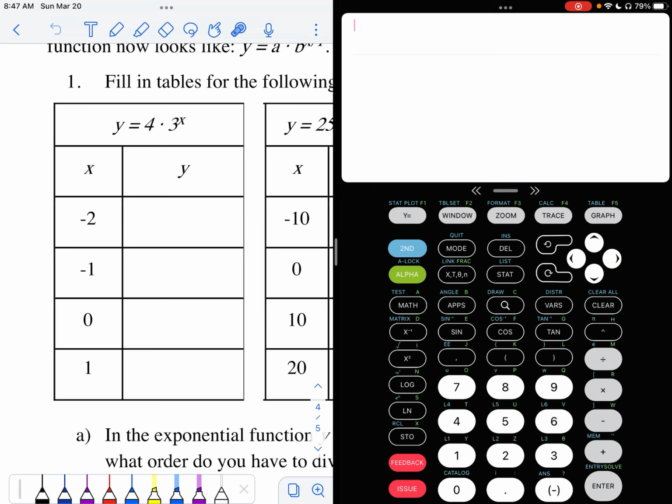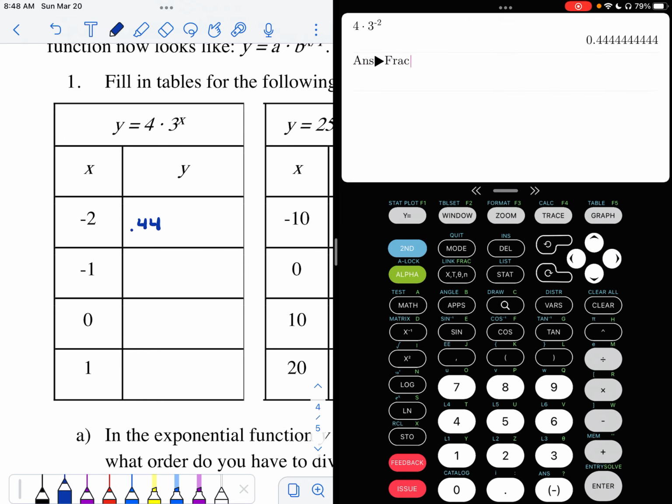So I'll start with the -2. We have 4 times 3 raised to the power of -2, and we get 0.44. I'm going to write it both ways. I'm going to do the decimal 0.44, and I'm also going to change it to a fraction just in case that might show us something a little bit nicer.